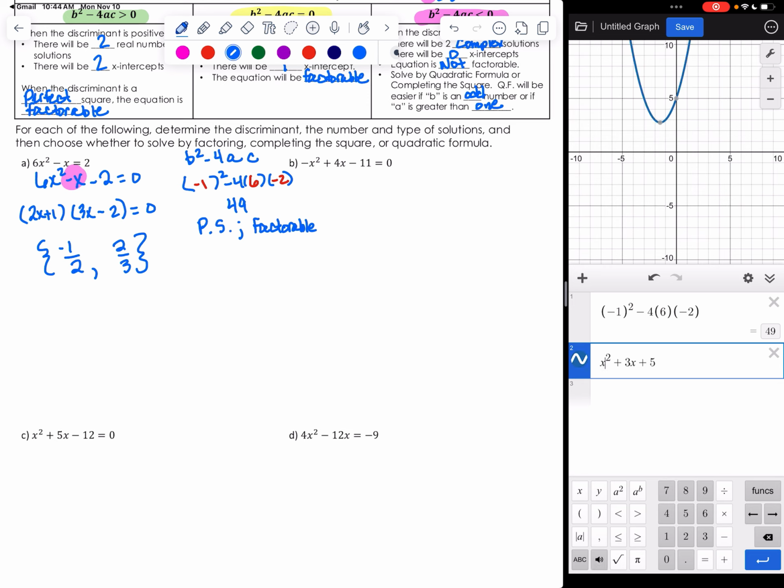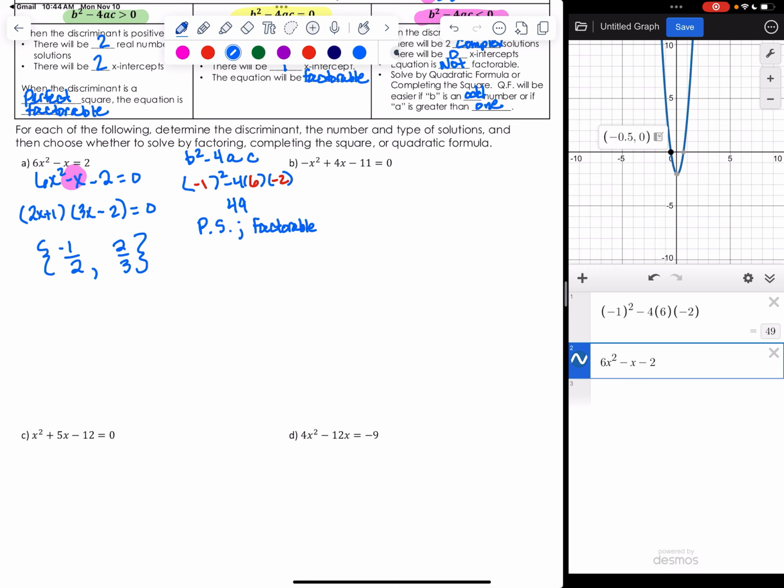Now, a good way to check that is to graph your equation. Let's see here. 6x squared minus x minus 2, and then I can check negative 1/2, yes. 0.667 is equivalent to 2/3, so that means I solved it correctly.